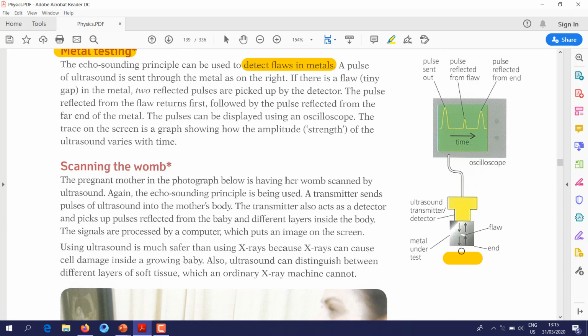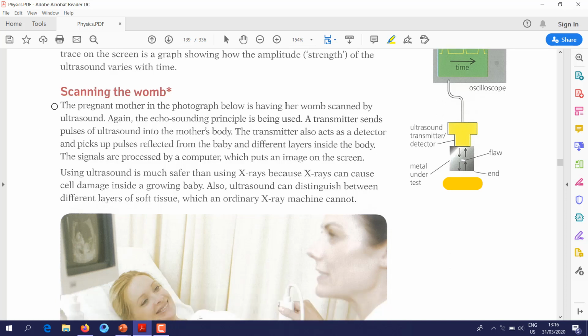When they pass through, we should get the same result. But see: pulse sent out, pulse reflected from flaw, pulse reflected from end. Here there is a difference in the reflected waves. So what does that mean? When the waves are not equal or not the same, that means there is a flaw inside the metal.